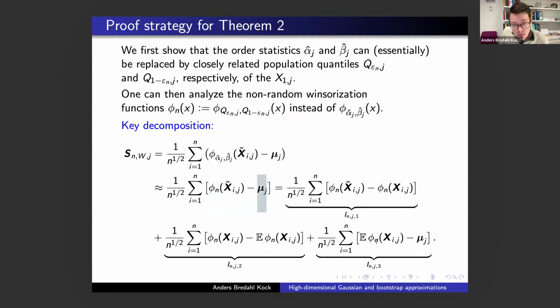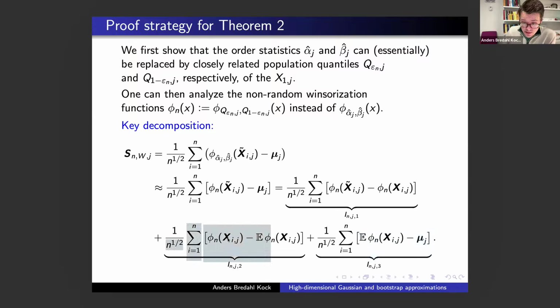But it's also conceivable here that since epsilon here tends to 0, the lower quantile tends to the lower bound of the support of the axis, while the upper quantile here, if epsilon tends to 0, tends to the upper bound on the support of the axis. So one can show that also this difference here tends to 0 sufficiently fast.